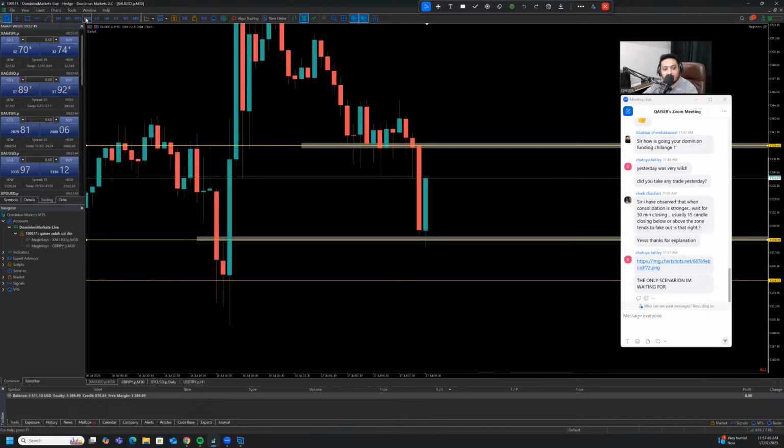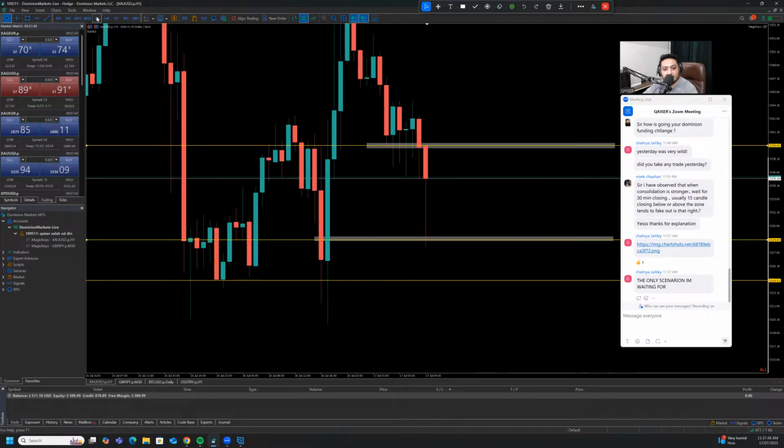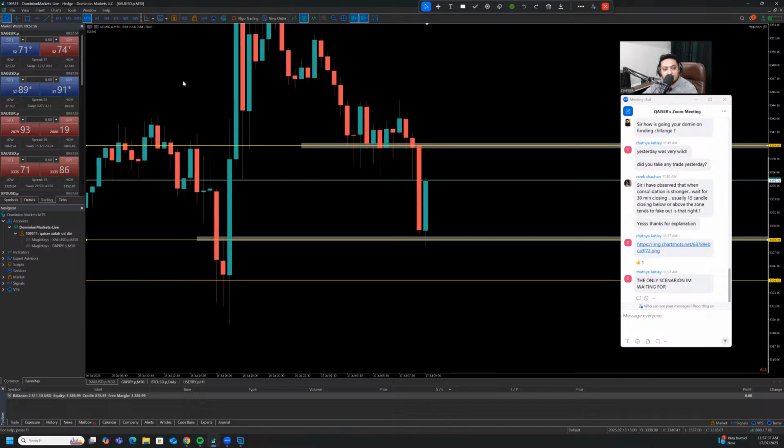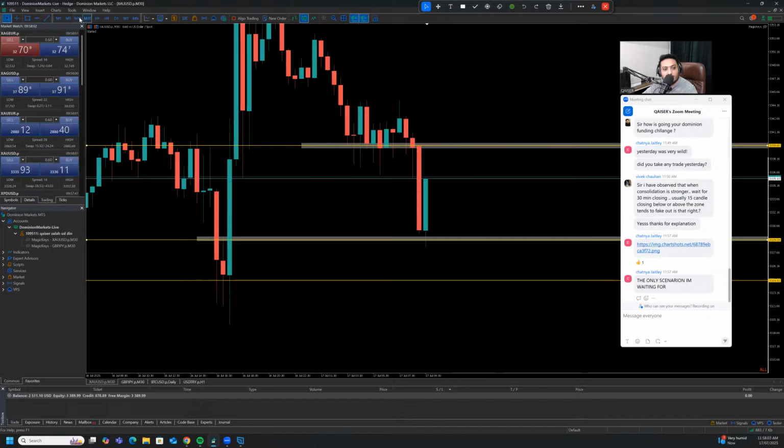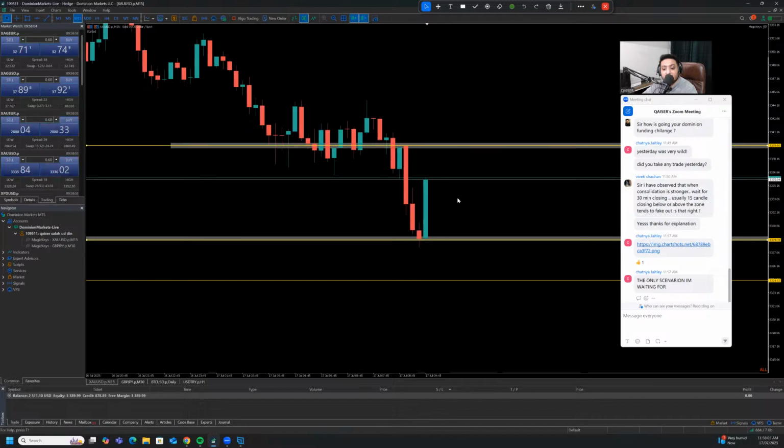Look at the 30-minute rejection. Look at the H1 rejection. So I'm just waiting to see how this H1 is going to close. If I get some kind of resistance, definitely I'm going to take a sell there. If I wanted to go for the sells, I'm not going to take sells randomly.